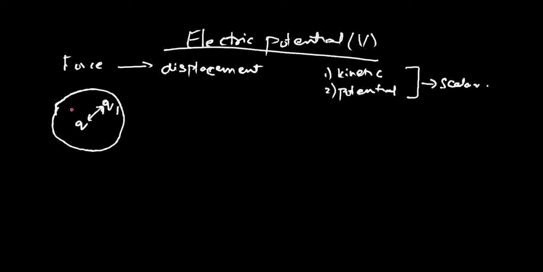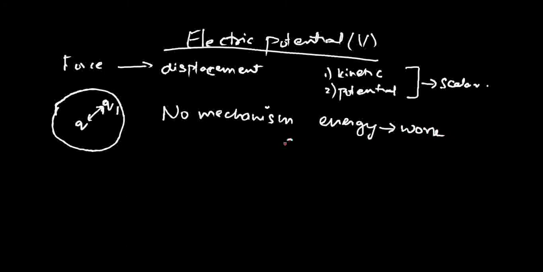So I am going to consider one particular field and try to understand its properties. In this field, if there is no mechanism by which the energy represented by the work done can be dissipated or absorbed, what do you understand by this statement?